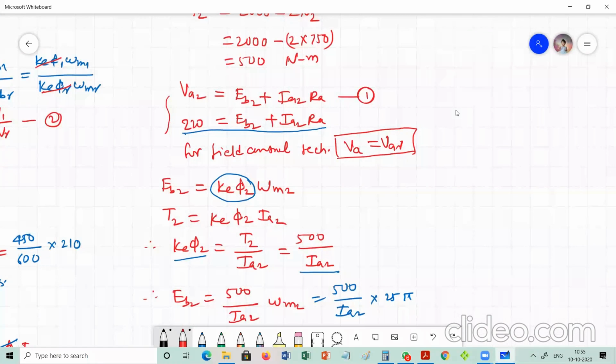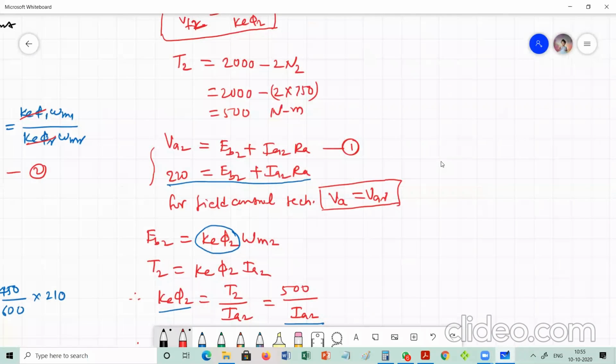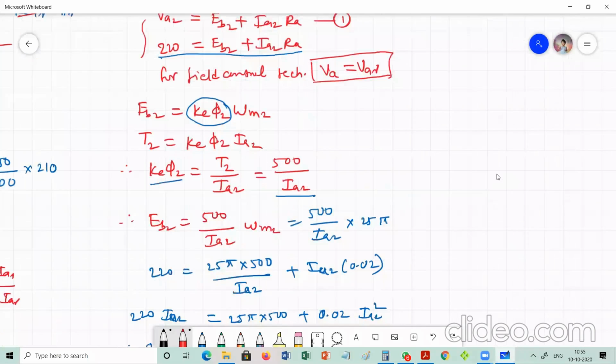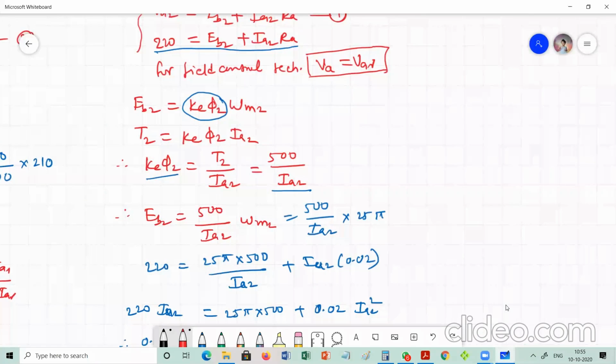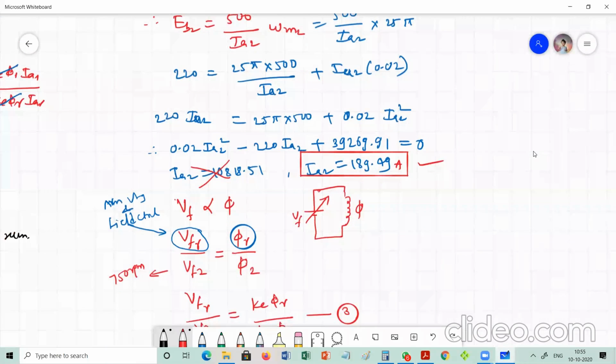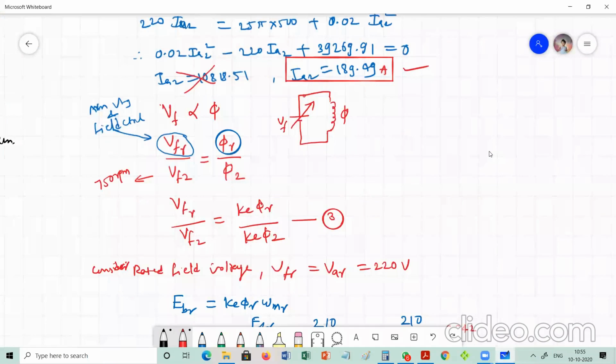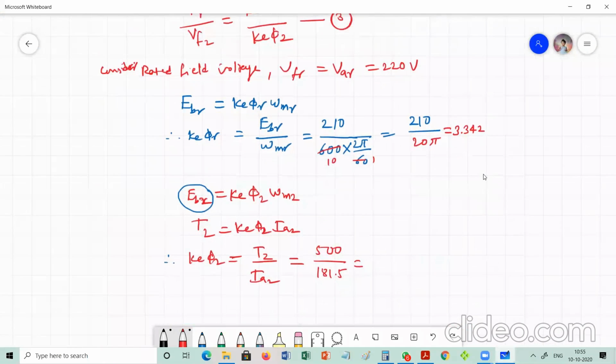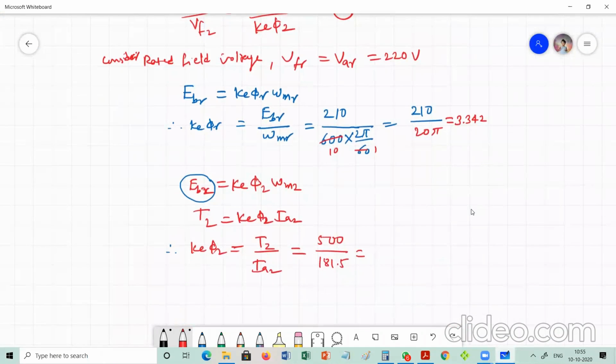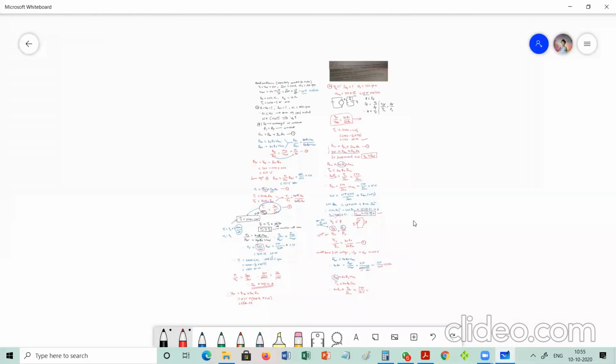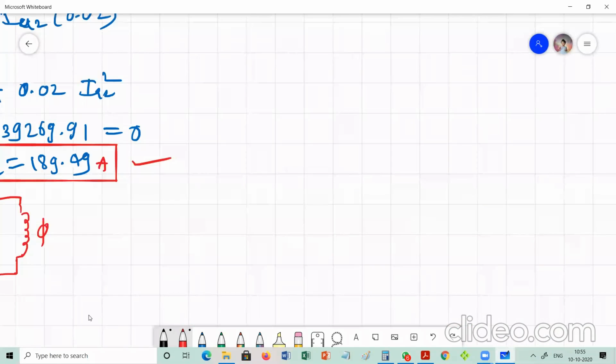Here is the T2. To calculate Ke phi 2, we use the quantities which are already calculated.